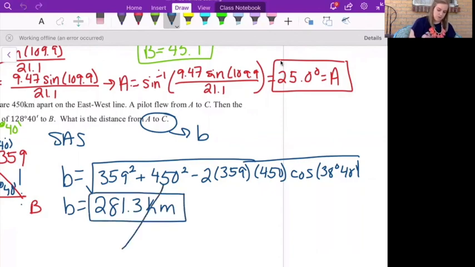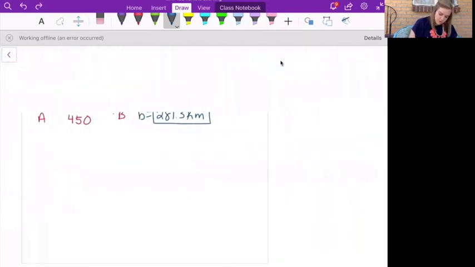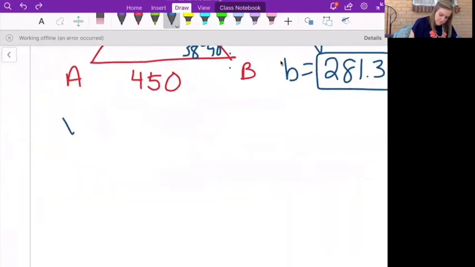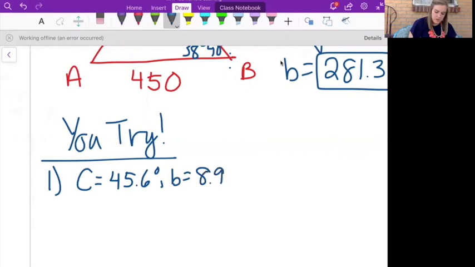Okay, so then that is all for our examples. So then I want you to try the first one where you're given angle C is 45.6 degrees, side B is 8.94 meters, and side A is 7.23 meters.